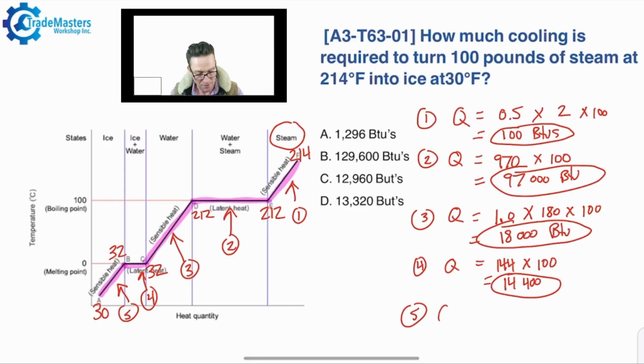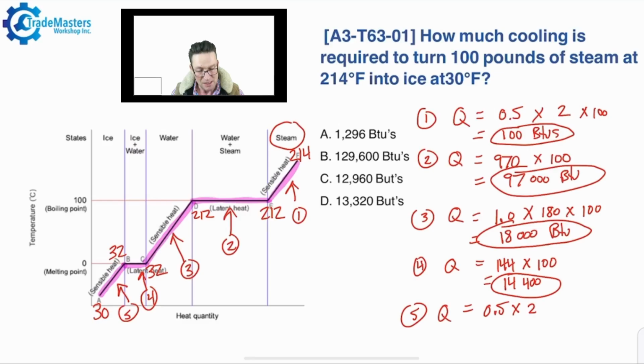We're up to step 5. How much heat energy is being removed in step 5? We're back to removing sensible heat. So when you're talking about taking ice at 32 Fahrenheit and reducing it to ice at 30, we're back to a specific heat of 0.5 BTUs per pound. So we got 0.5 BTUs per pound of ice times a change in temperature of 2 degrees, because we're going from 32 to 30 Fahrenheit.